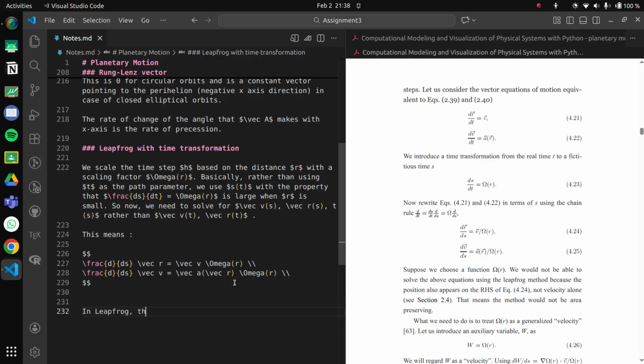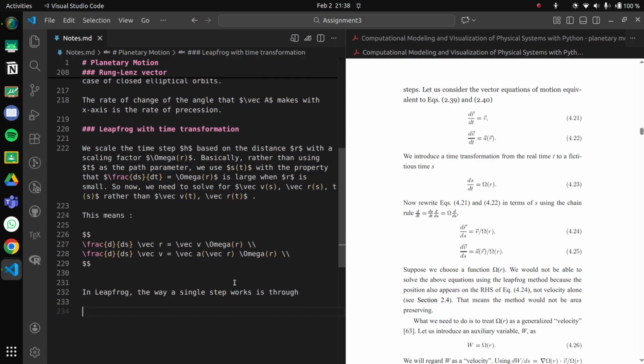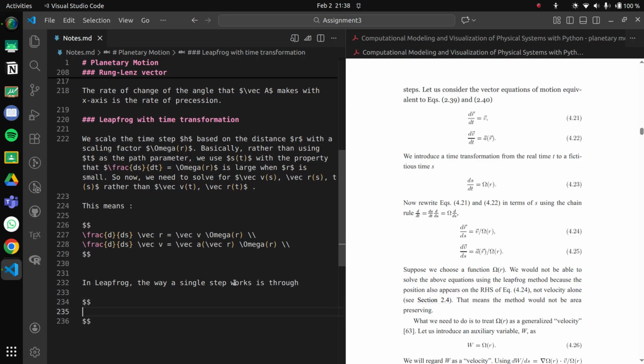the way a single step works is through, so I know this notation is going to be slightly complicated, but just stick with me. Vector z sub n plus 1 is equal to vector z sub n, and then okay, this is going to be slightly complicated.